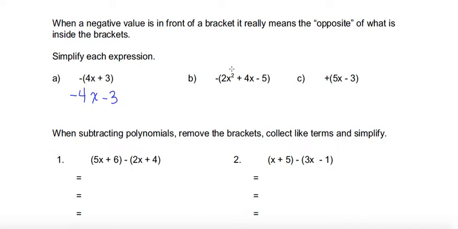Part B, our opposite of this, so it's a positive 2x squared inside of the bracket, so it becomes a negative 2x squared. Positive 4x becomes negative 4x, and negative 5 becomes positive 5.